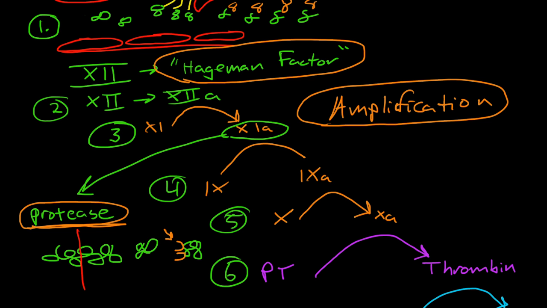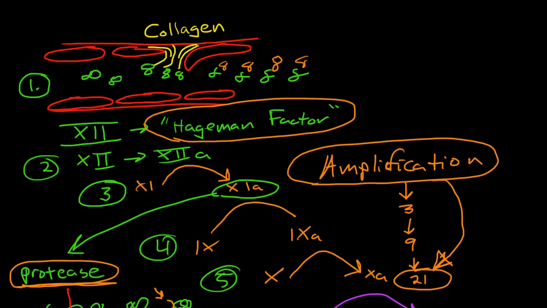So Hageman factor goes out and tells 3 friends, and then those 3 friends tell 3 more friends, and those 3 friends tell 3 more friends, and as you continue, your multiplier gets bigger and bigger and bigger. So the body has devised a system with so many steps because each step amplifies the prior step by a significant factor.